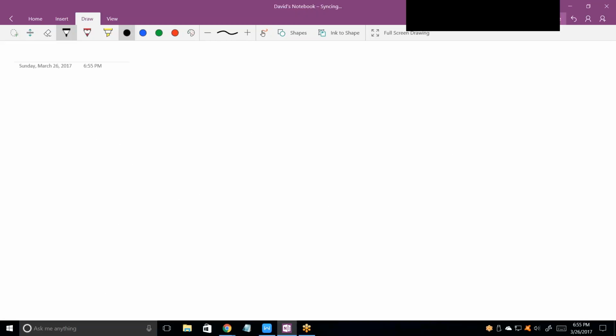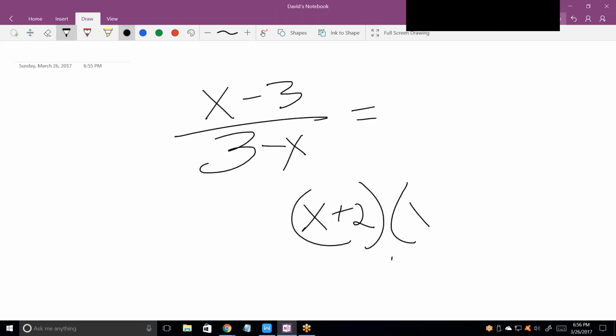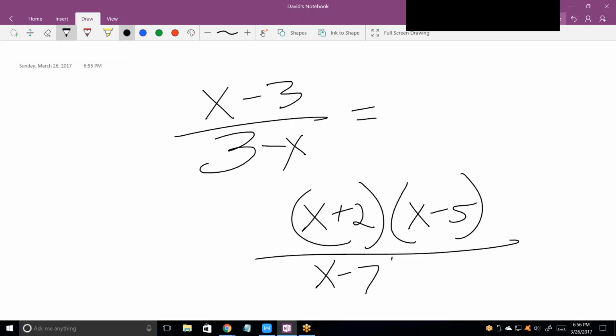Now before we go on, I want you to tell me what this is. In other words, the problem we just did is structured in a way that, any time you have something that's the same, let's say I had this, and it's over x minus 7 times x plus 2.